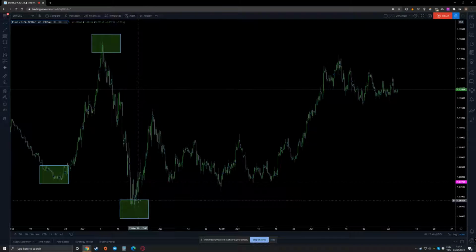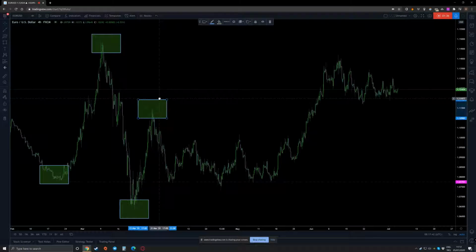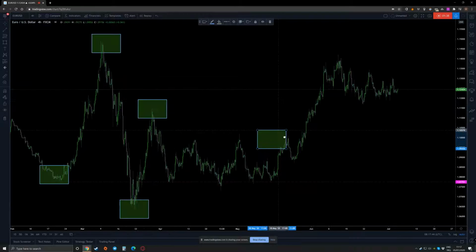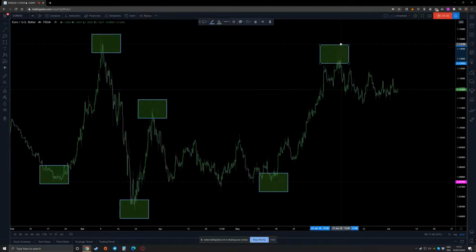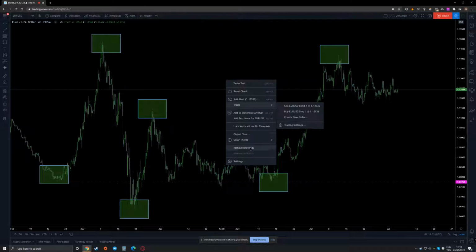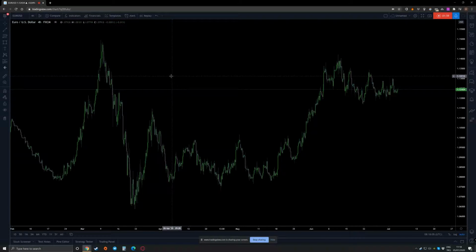Another one is here, another one is here, another one maybe somewhere around here. So when you look at this chart, wherever you start changes your perspective completely, and this is why Elliott wave is hard. Okay, so let's remove all of this again and let's start.